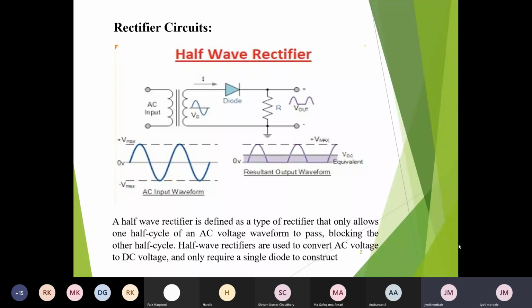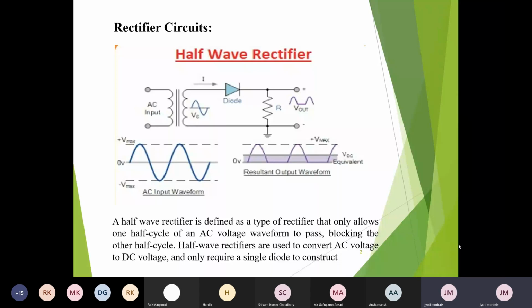Any rectifier circuit needs to convert AC signal, input is AC and output expected is DC. There are two types of rectifiers, half wave rectifier and full wave rectifier. Half wave rectifier is not able to convert whatever AC signal is provided at the transformer side to 100% pure DC signal.